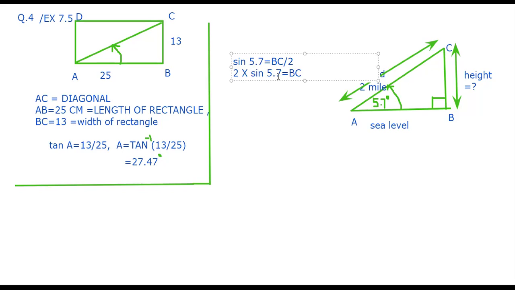So we will just solve this equation and you will find the answer as well. For question number 8, the answer after calculation is 0.199 miles.